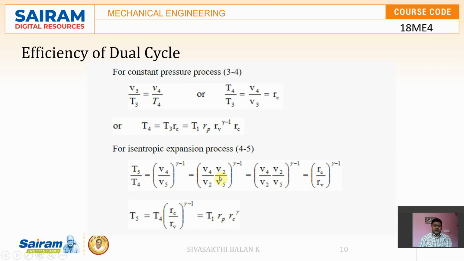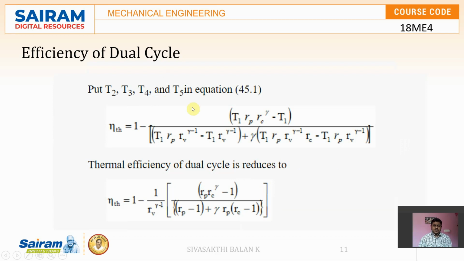So, we have derived the temperature at all the points in terms of T1, pressure ratio and cutoff ratio. Substitute all the values in the efficiency formula and simplify, you will get the final term like this. The efficiency of the dual cycle is 1 minus these terms.